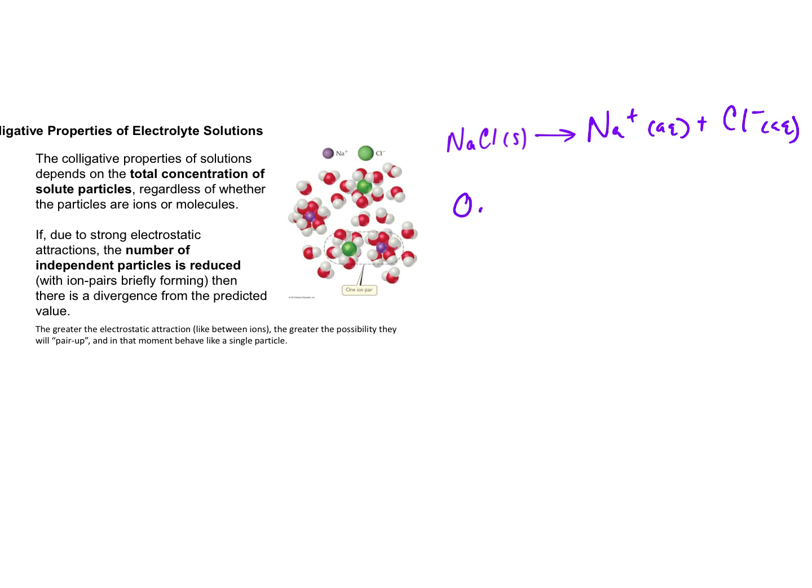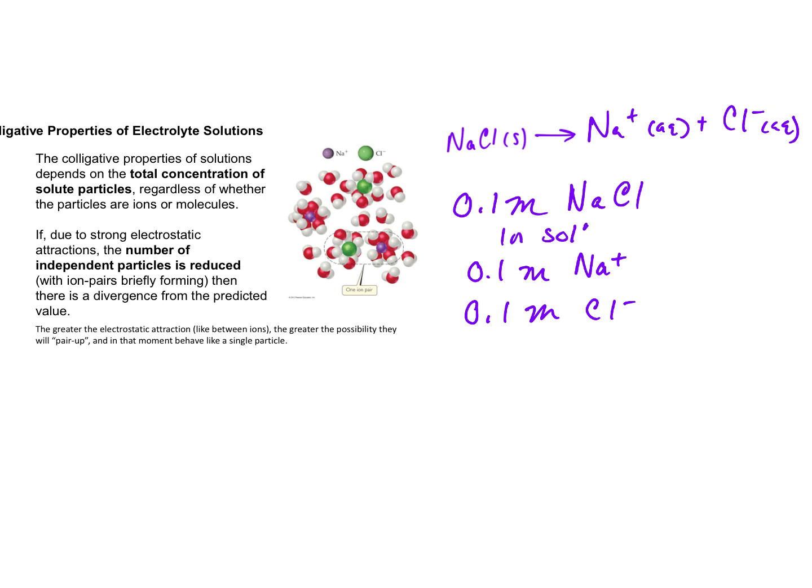So if we have a solution that's 0.1 molal NaCl, in solution, we'll have 0.1 molal sodium ion and 0.1 molal chloride ion, for a total of 0.2 molal ions. So I'm simply adding those concentrations.